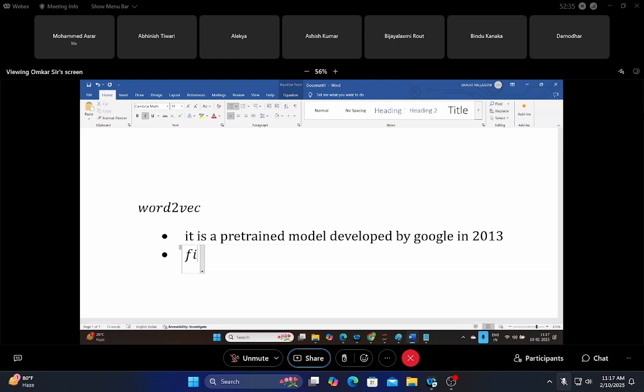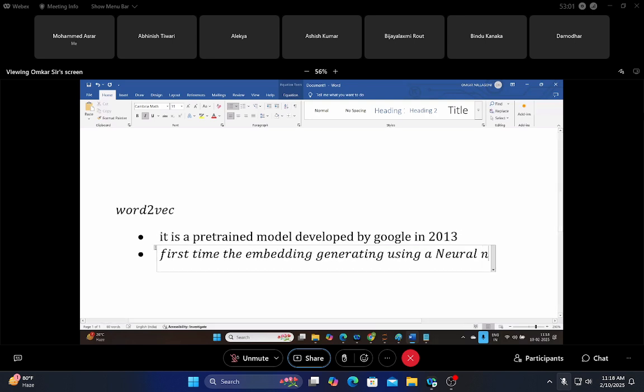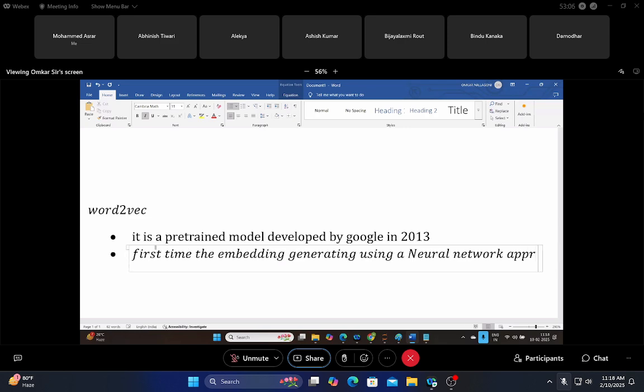First time the embeddings are generated using a neural network approach.